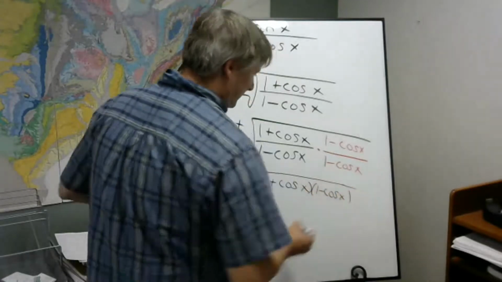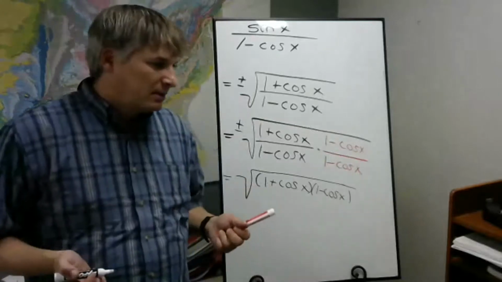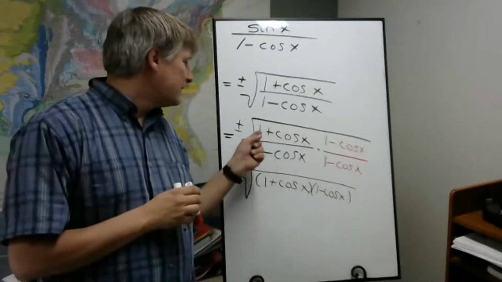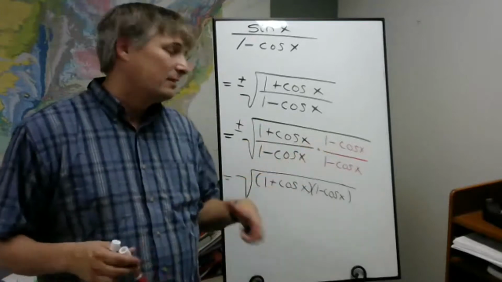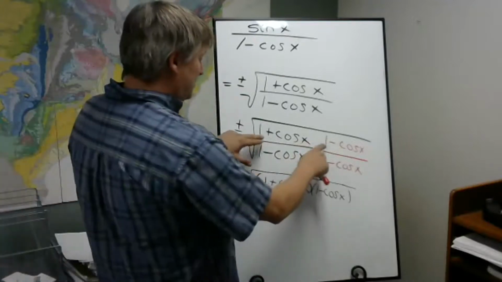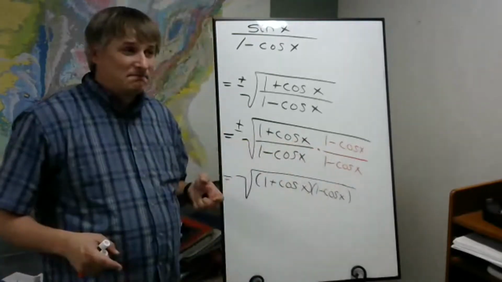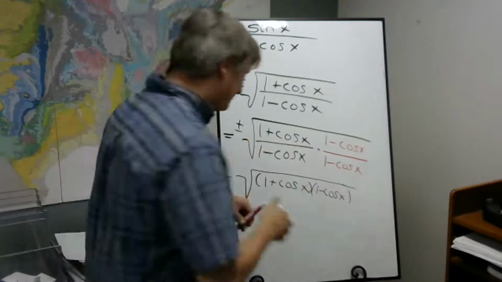And granted, I might not have an algebra brain, but I am a little familiar with one thing in algebra. If I have 1 plus something times 1 minus something, that's that formula for a difference of squares. My answer is going to be this squared minus this squared. Now that sounds like a Pythagorean identity. In fact, it is.